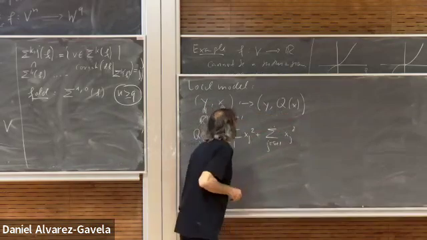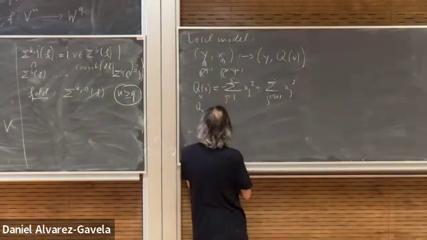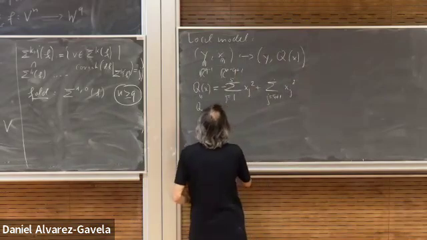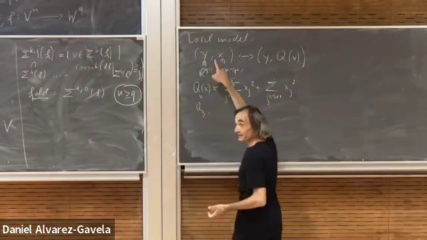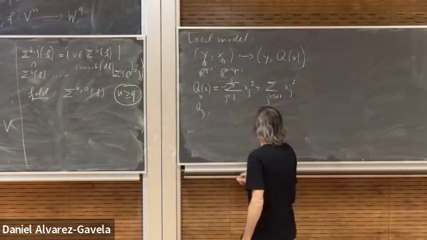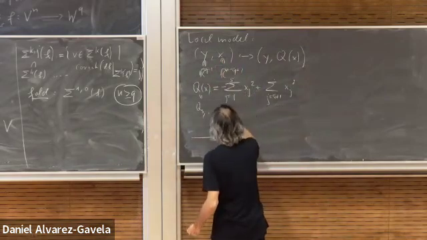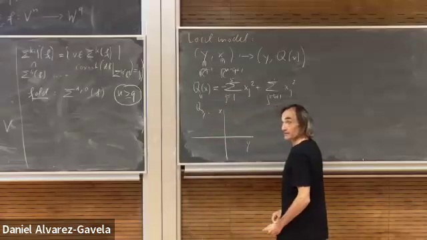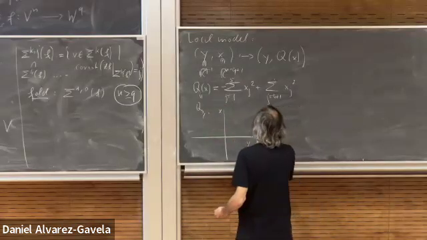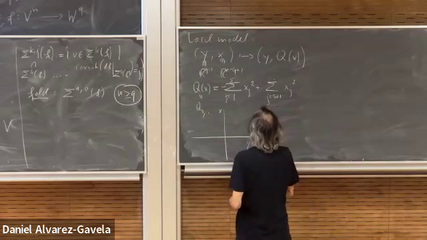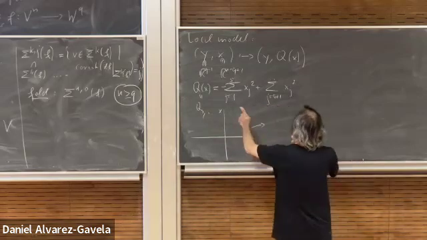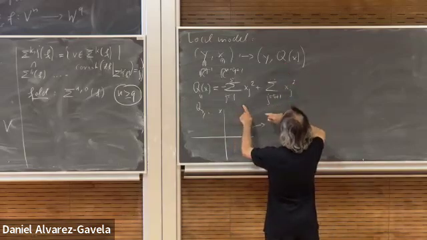And how do you think of this? Let me draw the case where y and x are both one-dimensional. I'll try to do a three-dimensional picture. So we have now this additional direction.